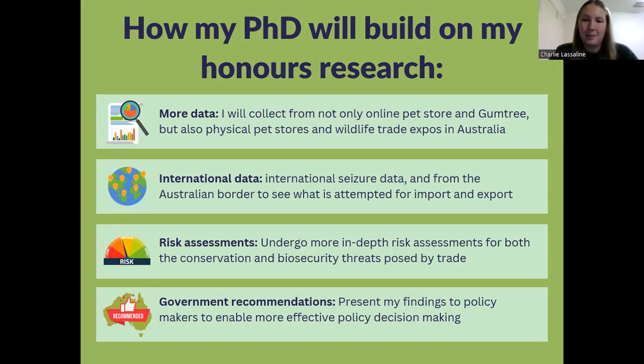That's when packages or people's suitcases get intercepted at borders and they have invertebrates in them that people are trying to smuggle. So I'll be using data from a bunch of other countries to see what native species people are selling internationally, and then I'll also look at what people are trying to import and export from Australia in terms of terrestrial invertebrates. I will undertake much more in-depth risk assessments for both the conservation and biosecurity threats from this trade.